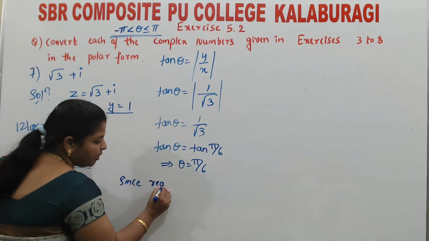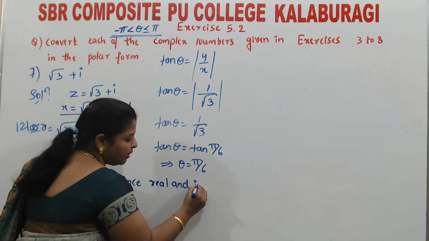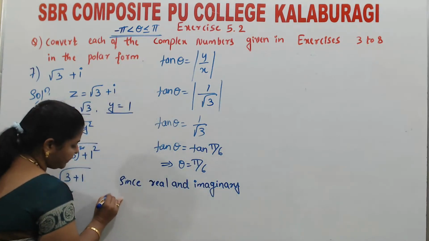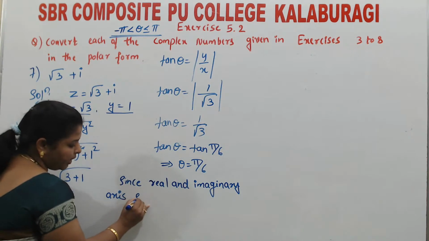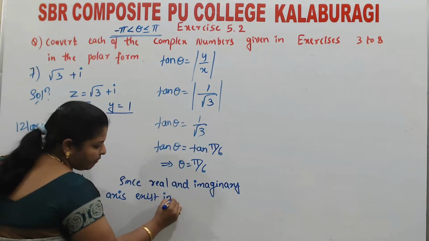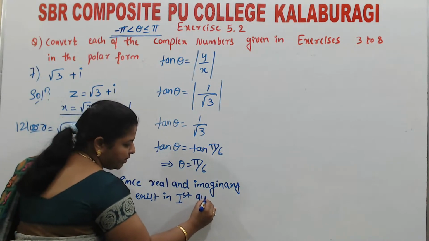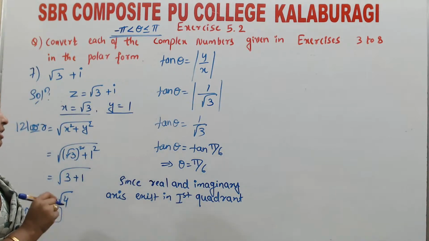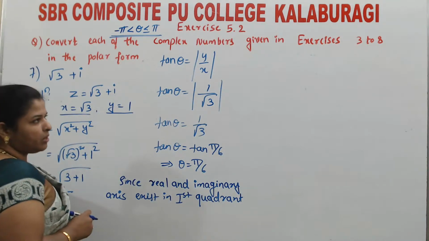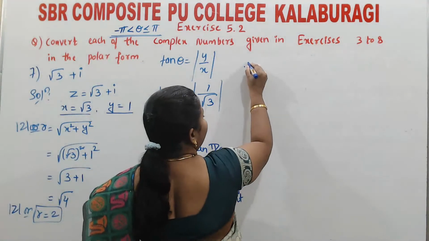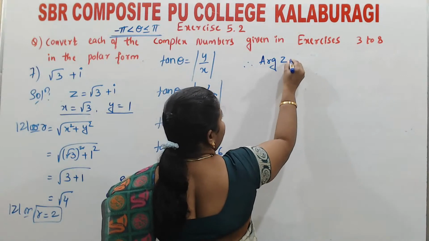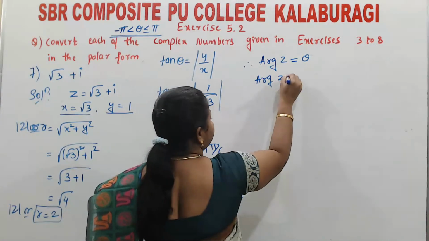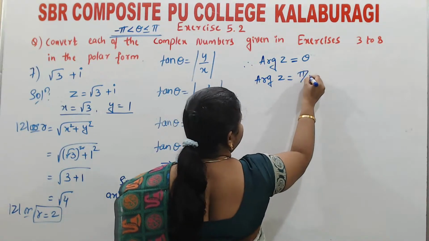Since real and imaginary axis exist in first quadrant, therefore argument of z is equal to theta. Then what is the value of theta? Theta is pi by 6.